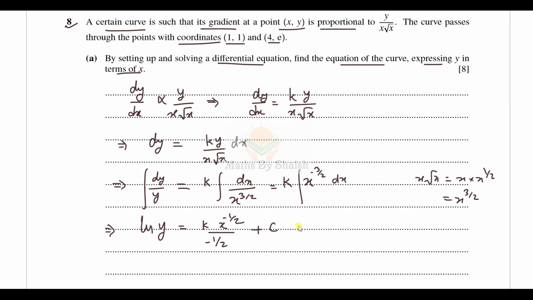So let's rewrite it again. ln y is equal to this minus 2, and x to the power minus 1 by 2 is upon x to the power 1 by 2, and hence it is root x plus c. So now we'll use these 2 points which lie on the graph.